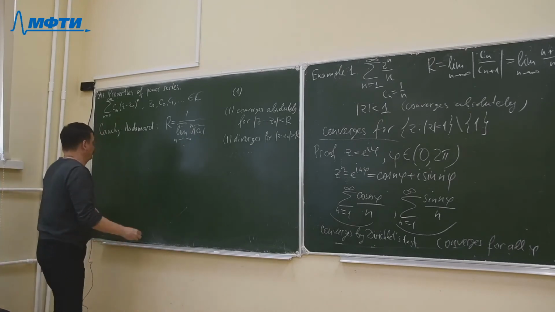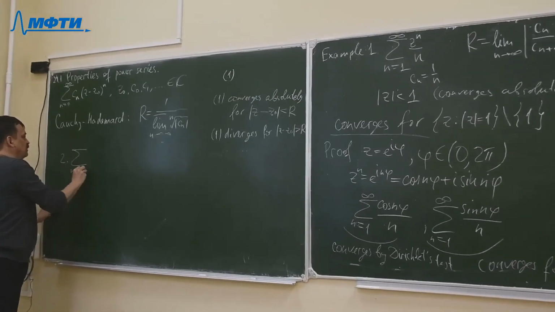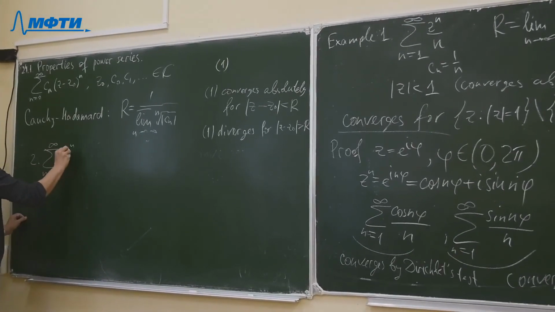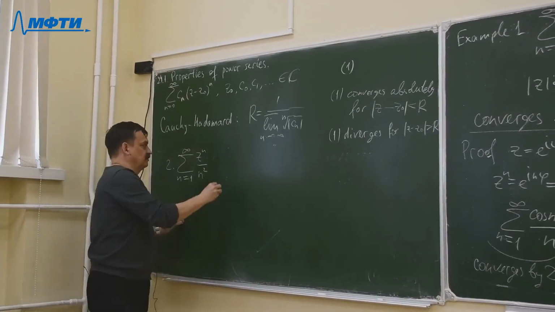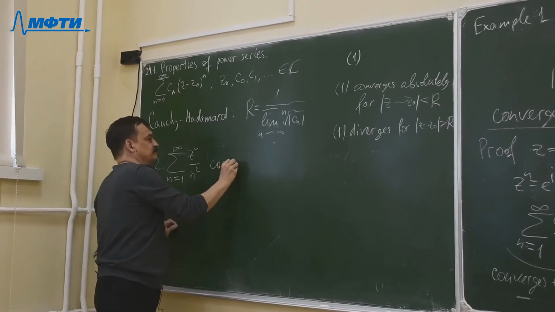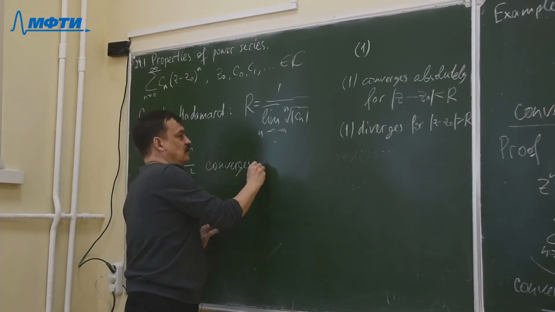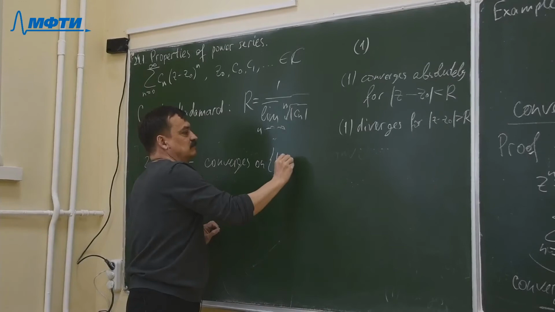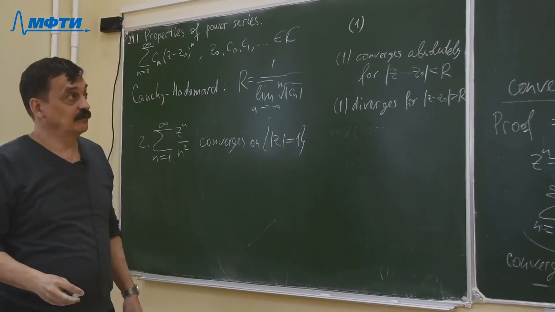Now, we can modify it a little bit. Second example: the sum of z to the power n over n squared converges on the whole circle of convergence.